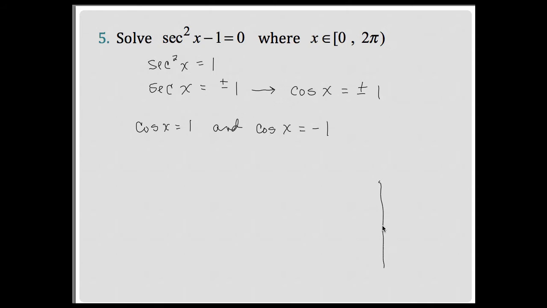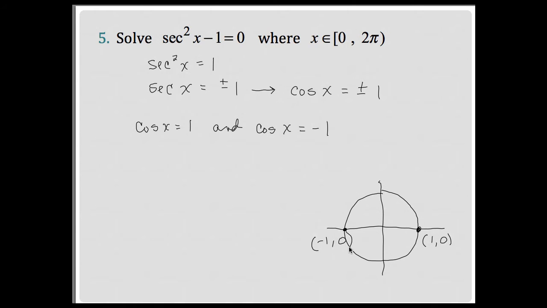All right, so think about your unit circle. If cosine is either 1 or negative 1, that means on the unit circle, what angle has an x coordinate of either 1 or negative 1?